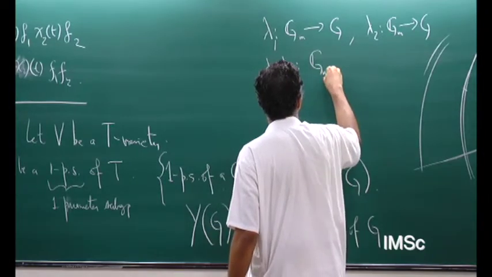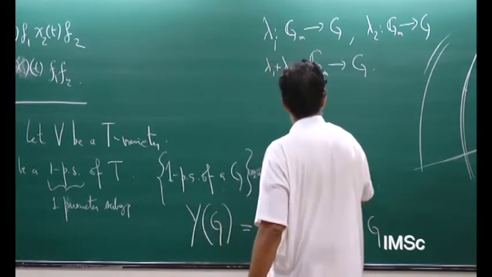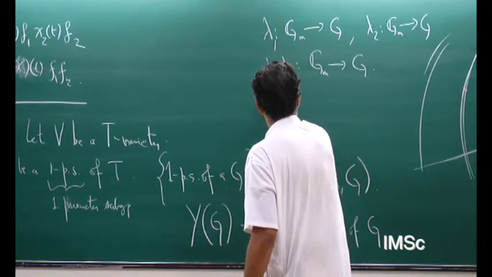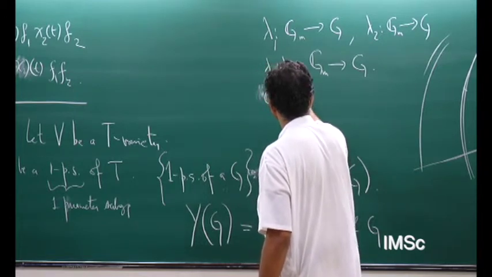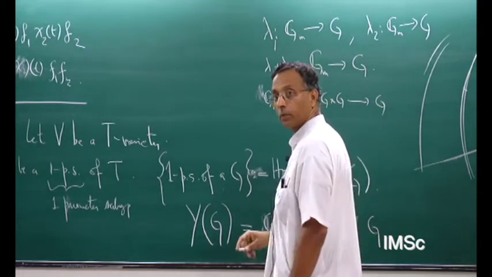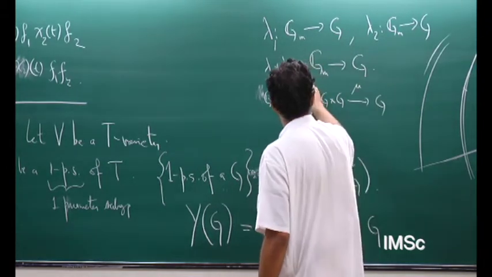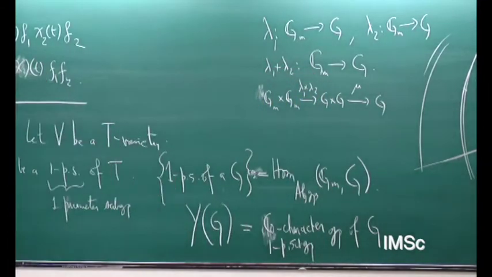I want it to go from Gm to G. The natural thing to do is you take Gm to Gm cross Gm to G cross G to G. You put mu here, you put lambda 1 cross lambda 2 here, and that's a group homomorphism, because I have factored it as a product of two group homomorphisms.